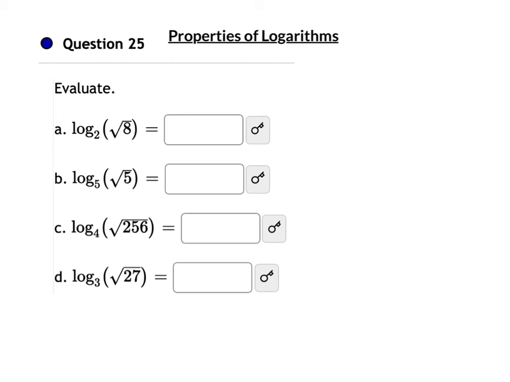Question 25 uses the idea of fractional exponents. The square root of 100 turns out to be the same thing as 100 to the 1/2. That's because there's a little tiny 2 here that we don't ever put, but it's understood to be there. The cube root of 8 turns out to be 8 to the 1/3.